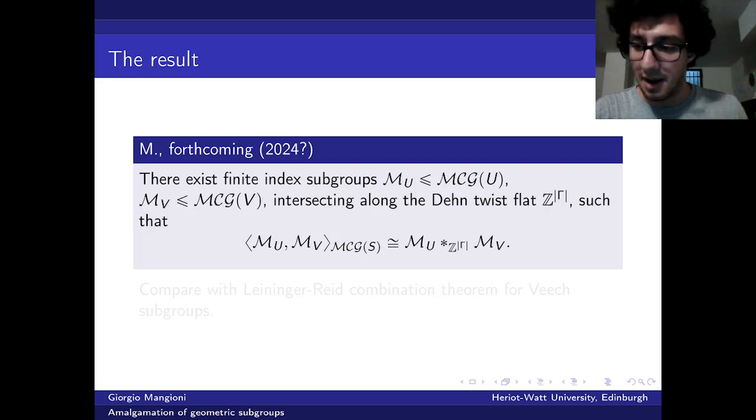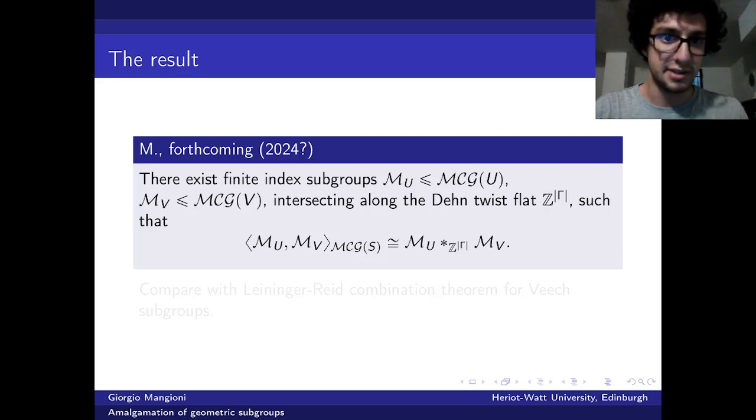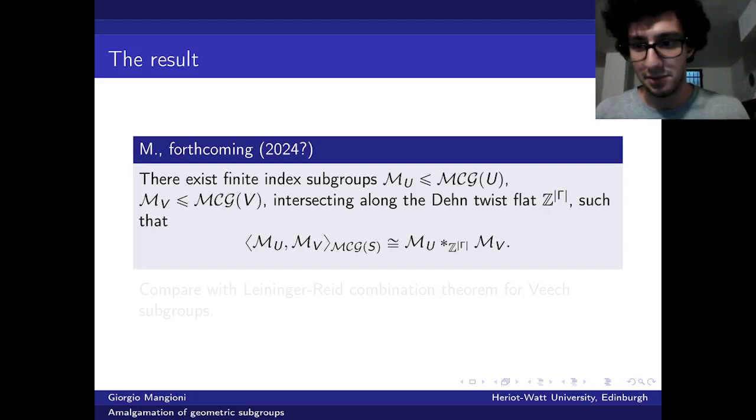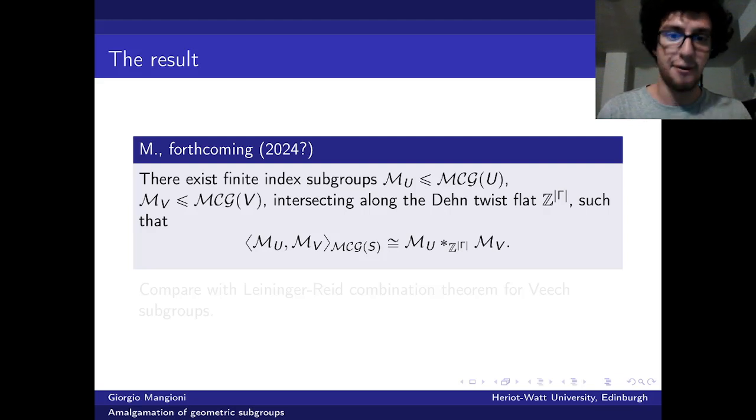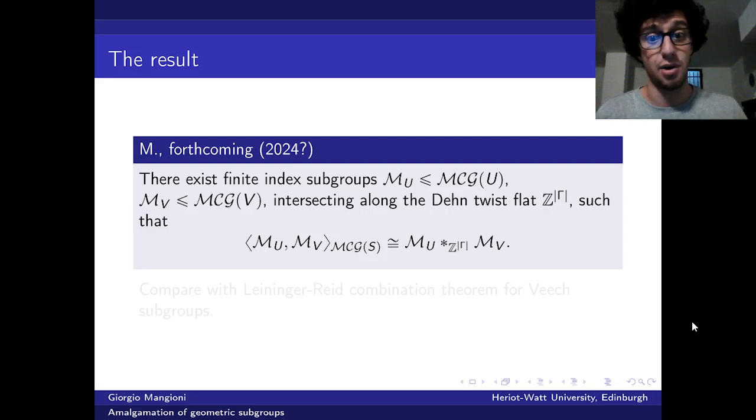So the theorem, which is forthcoming, I hope to release it shortly, says that if you pass to finite index subgroups inside the geometric embedded subgroups, you can assume that the subgroup generated by these finite index subgroups in the mapping class group is just the amalgamated free product over their intersection.